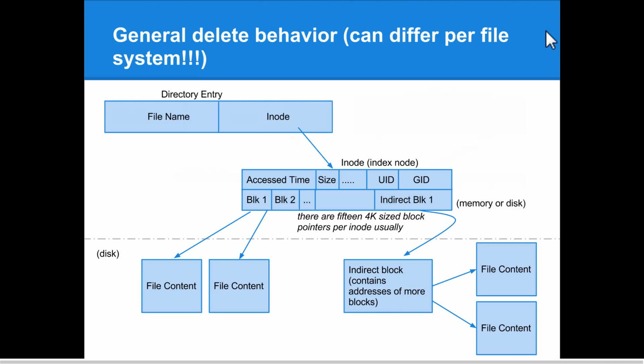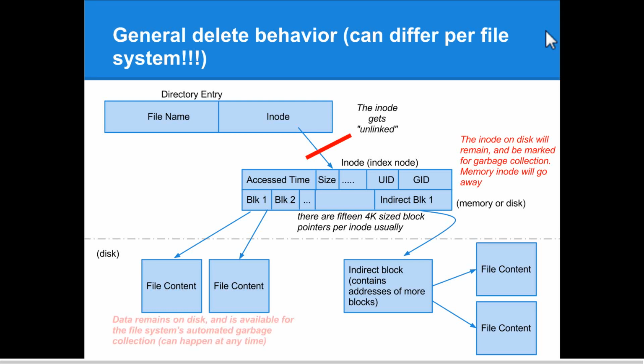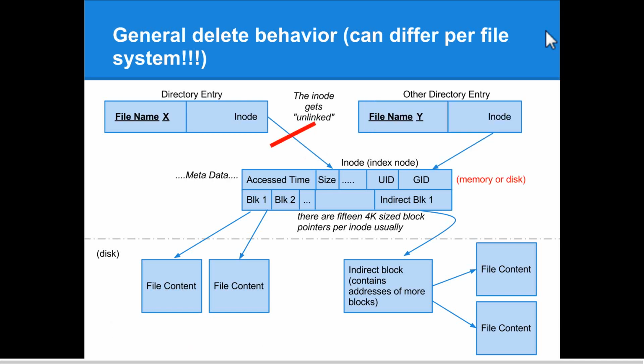So I'm going to show you what happens when things are generally deleted. That just goes away, and that's about it. It still resides on disk, and the inode and the disk content will be marked for garbage collection, which could happen at any time. And then in this case, when marketing deletes it, accounting's version is still available.